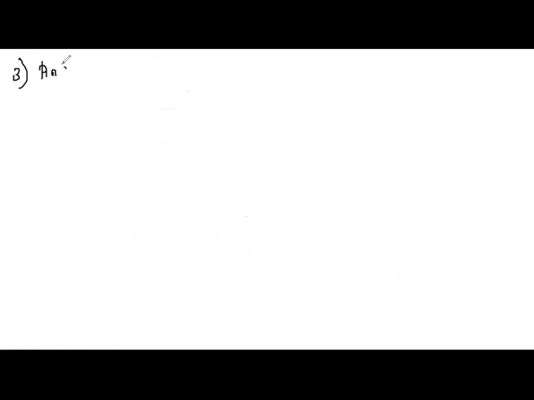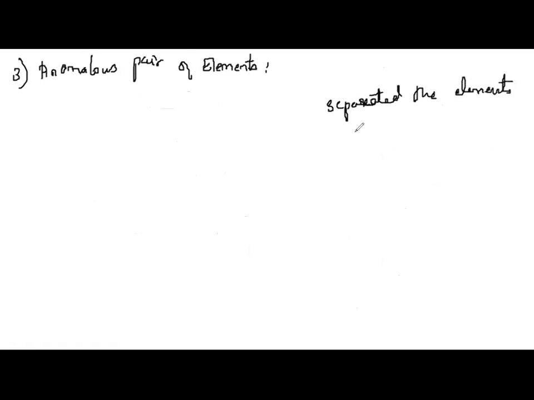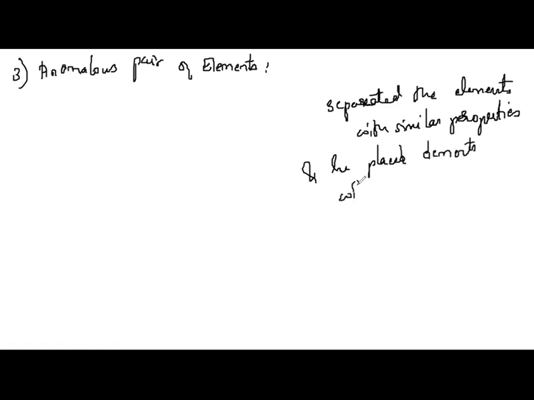The third point was anomalous pairs of elements. What he did was, he separated the elements with similar properties, that is, he placed them far apart, and he placed elements with different properties together.